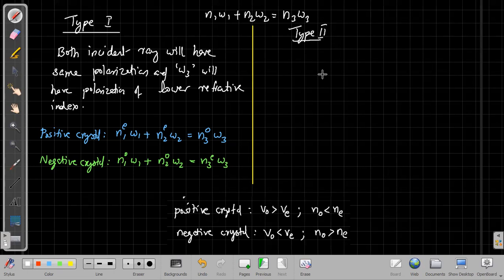In the case of type 2 phase matching, omega 1 and omega 2 take orthogonal polarization, and omega 3 will have the polarization of lower refractive index.